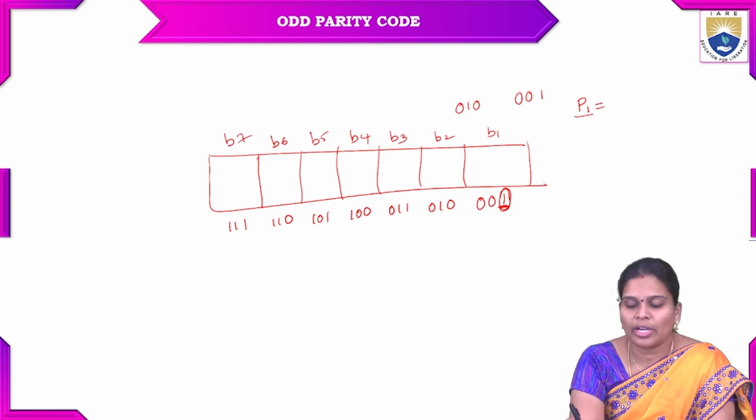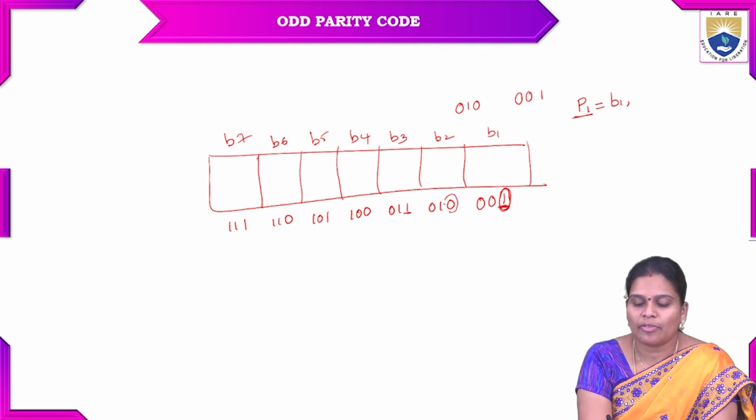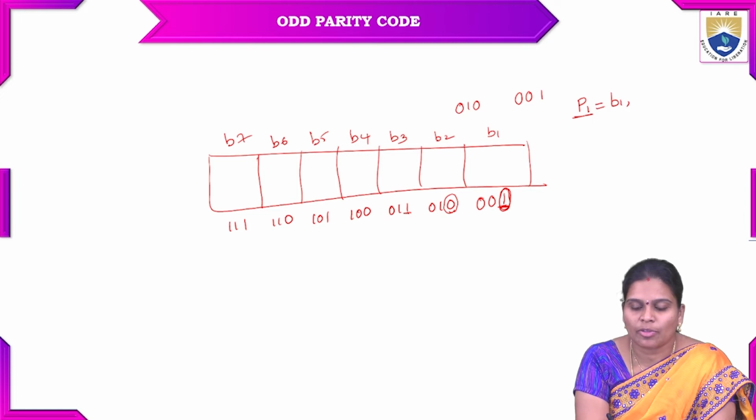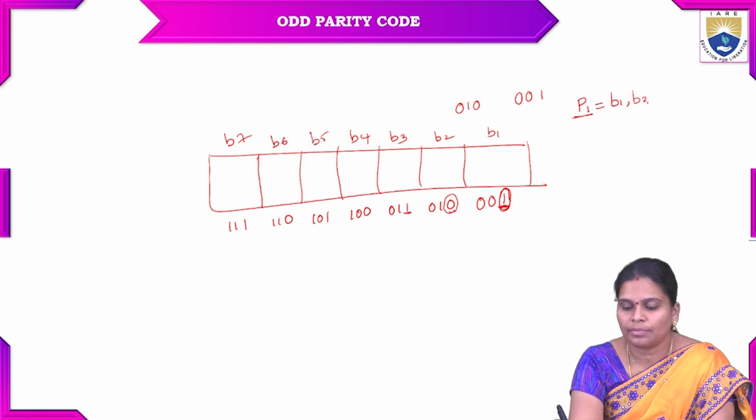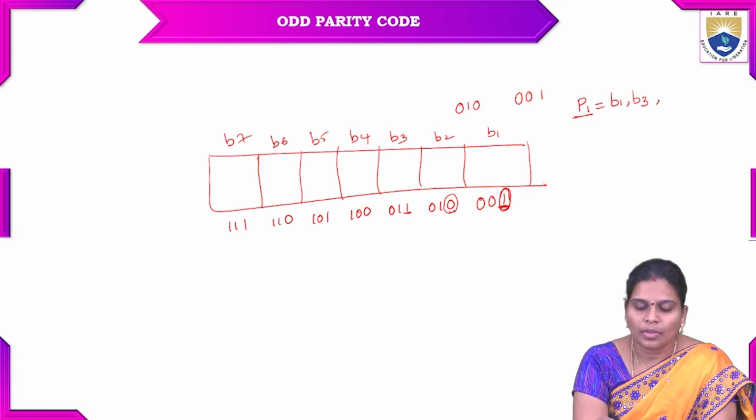Now I want to find P1. Here we consider the B1 value. Next, the LSB of B2 is not 1, it is 0, so we do not take B2. In the next position the first bit is 1, so we take B3. Next, the first bit is 0, so we do not take B4.